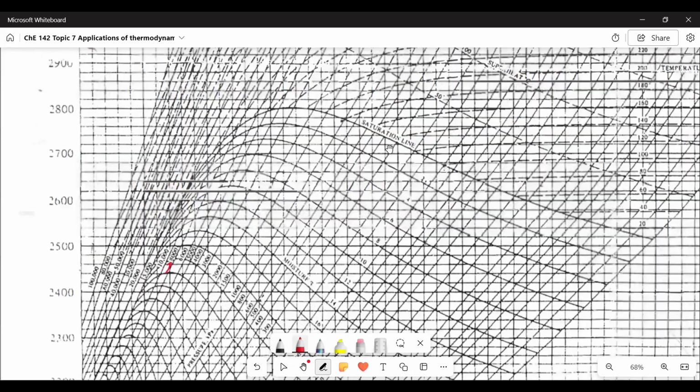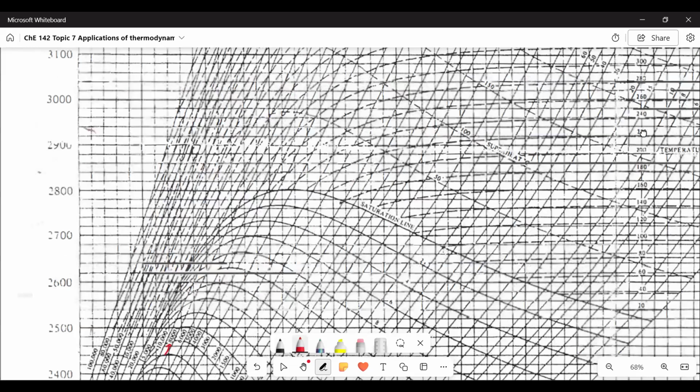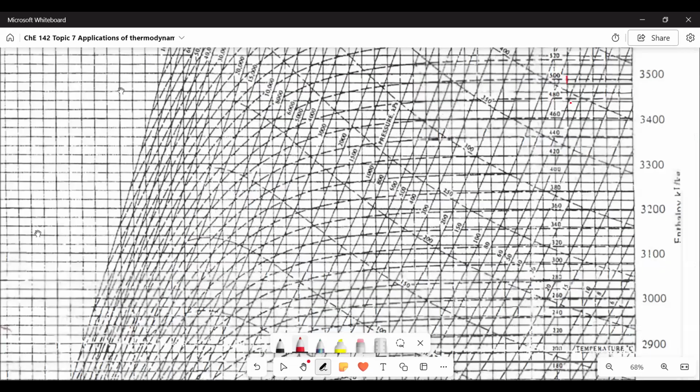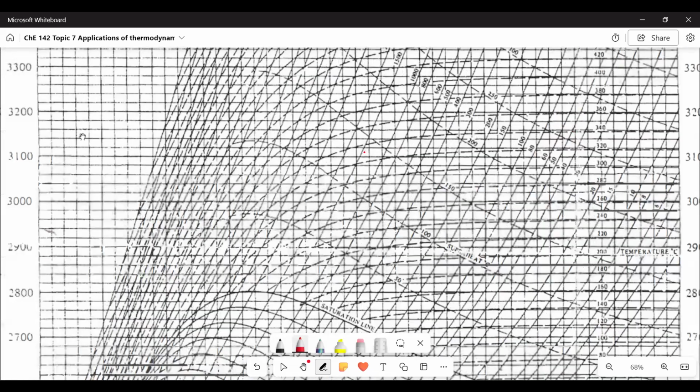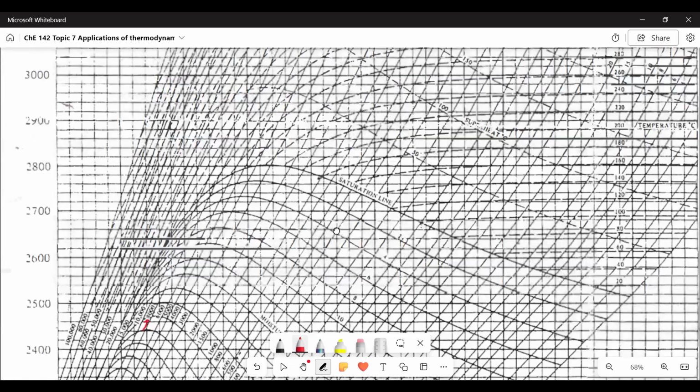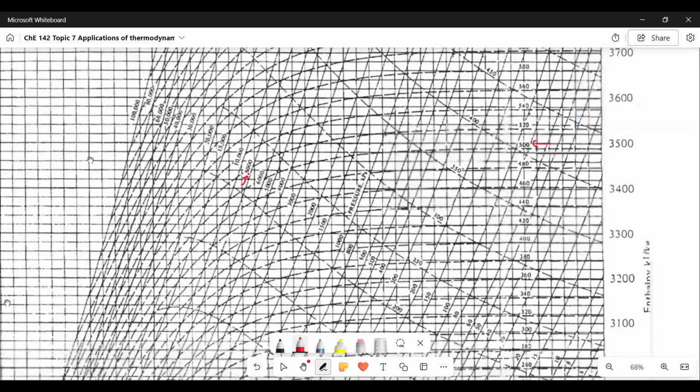And then temperature 500 is here. Inside the saturation curve, what we need is outside the saturation curve where it intersects the pressure at 500 degrees Celsius. So it's here, 500. We trace this line.